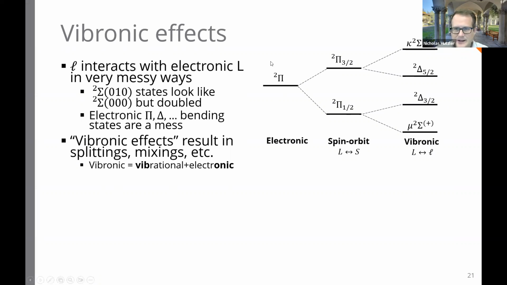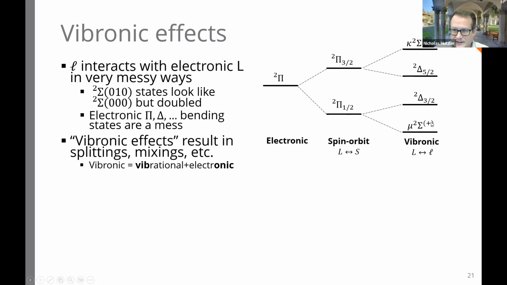So for example, if you have a doublet pi electronic state, regular old spin orbit, just like in atoms, the interaction of L and S splits this into two fine structure components. But then if you have a bending molecule, these are further split. Each of these is split by the interaction of big L with little l into 4 states now.